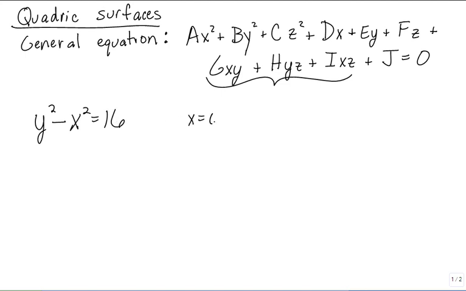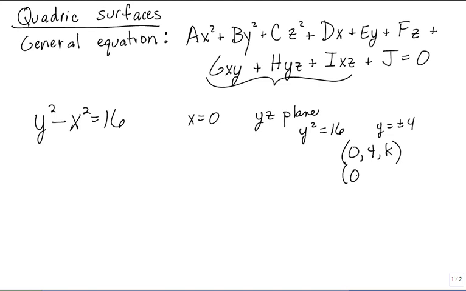So if we let x equal 0 to get what it looks like in the yz plane, we have y squared equals 16, or y equals plus or minus 4.